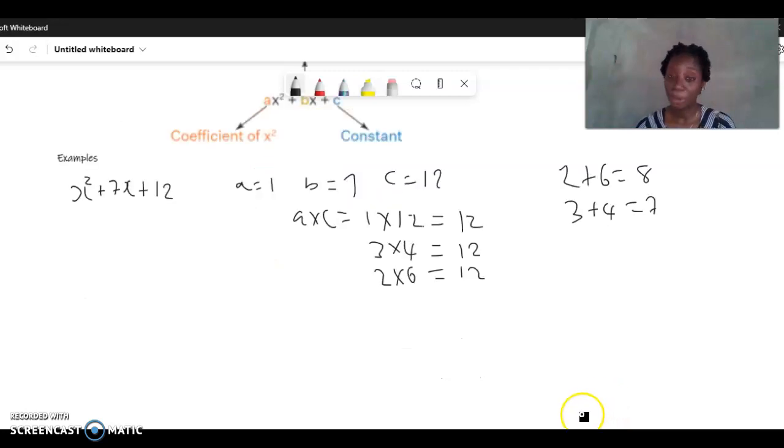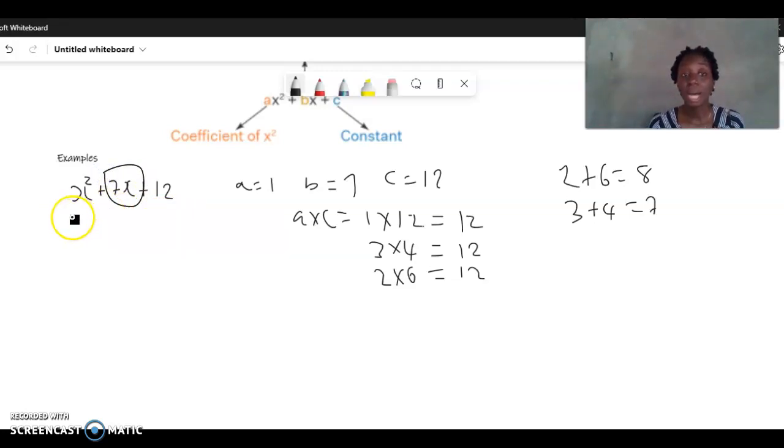Moving right along. Now that I have found the factors 3 and 4, I will replace the second term, which is 7x, with these two factors.